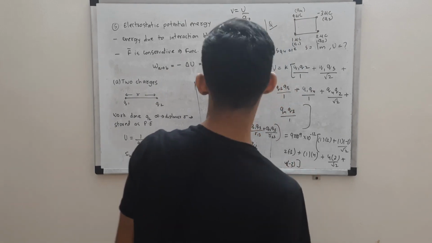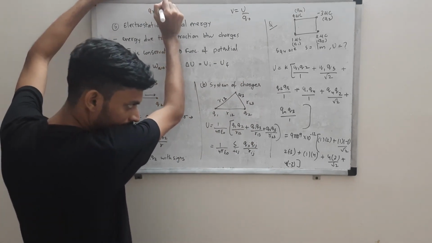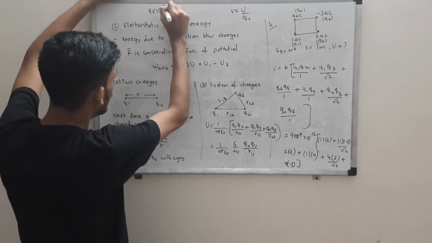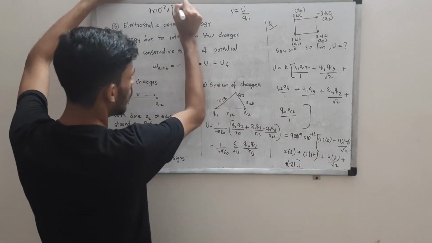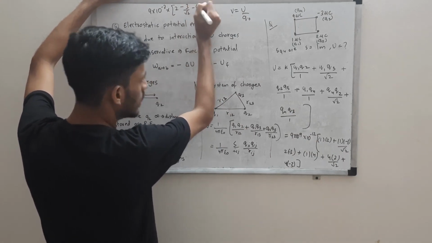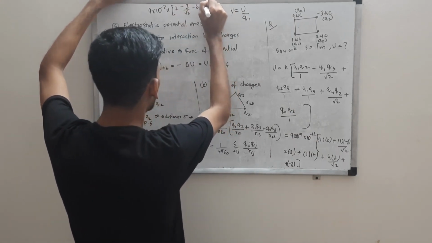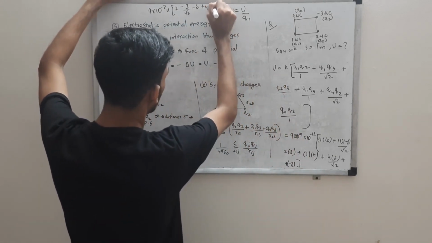So whatever this answer is, you can calculate it. It will be 9 into 10 to the power minus 3 into what is this? This is 2 minus 3 by root 2, and here we have minus 6, and here we have 4, and again we have 8 by root 2.